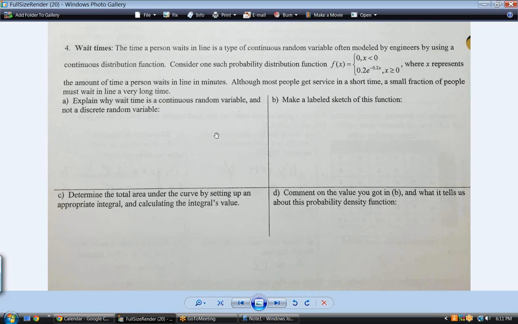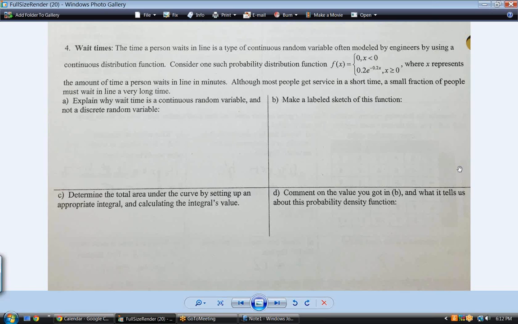Well, see their question first. And I'm not quite sure, although most people get service in a short time, a small fraction of people must wait in line a very long time. Well, if x is a very big number, I still can't quite figure out what f of x is going to be.